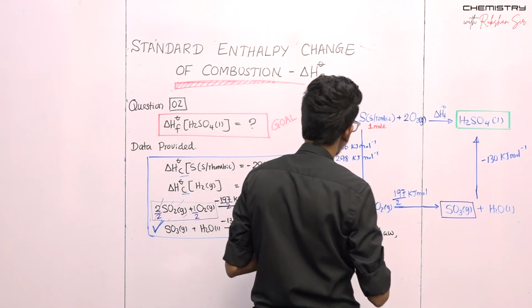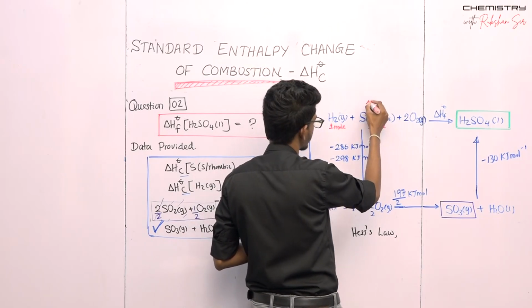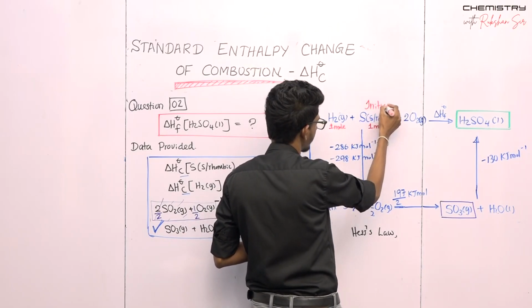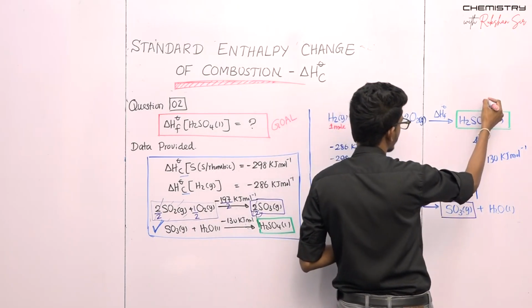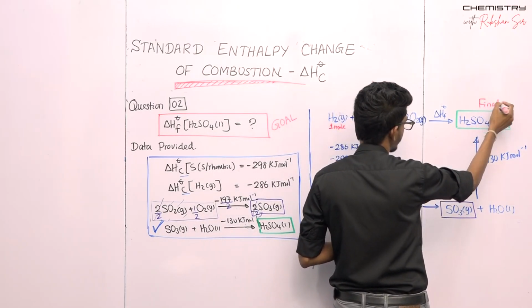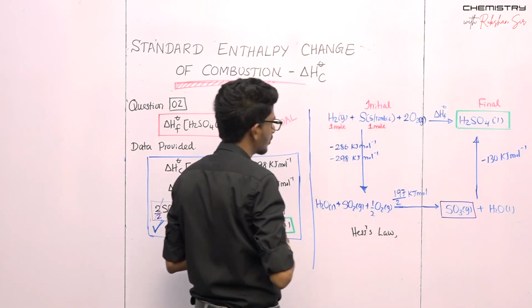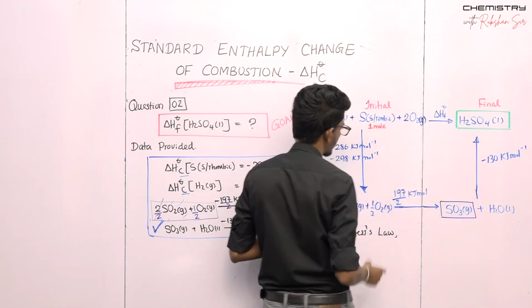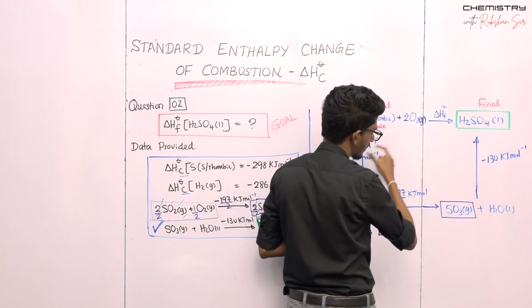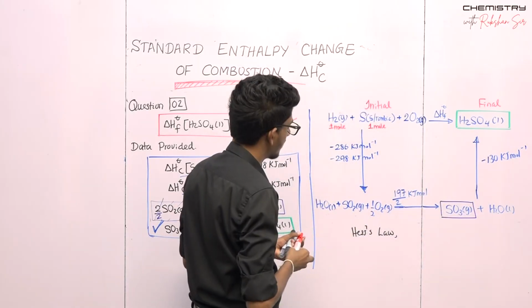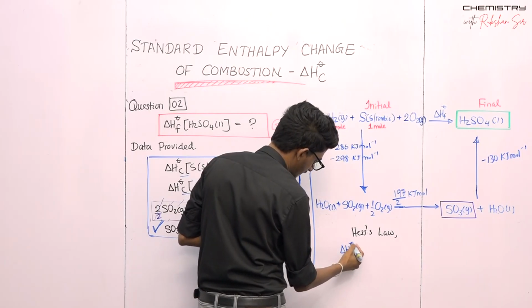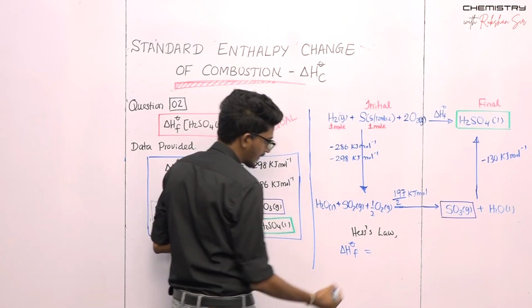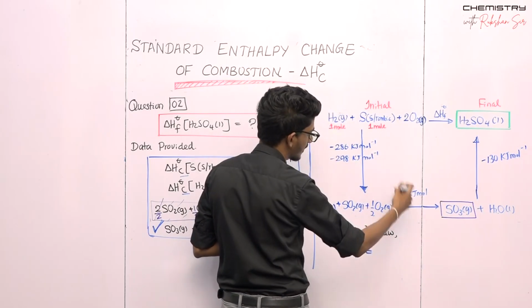The initial state is this thing where all the arrows start. Final state is this thing where all the arrows end. Initial to final, 2 routes are there. This is the straight route, this is the other route. So enthalpy change in the first route, the direct route, is equal to the total enthalpy change of the second route, right? This whole route.